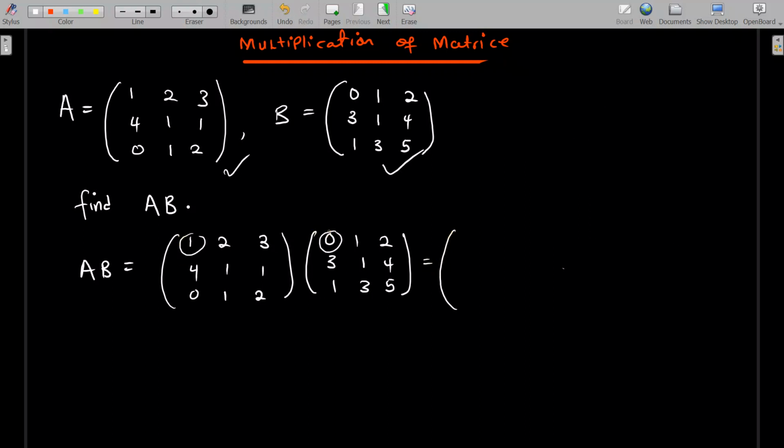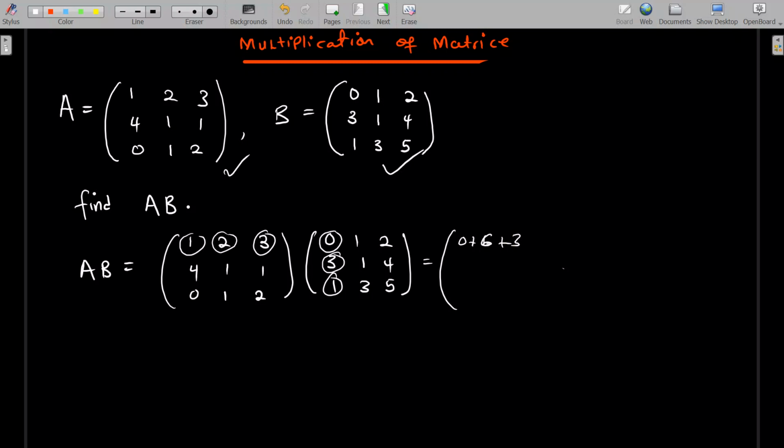I multiply by the first entry in the first column of the second matrix, and that is 0, plus 2 multiplied by 3, that is 6, plus 3 multiplying 1, and that's going to be 3. So that's the first entry of my final result.